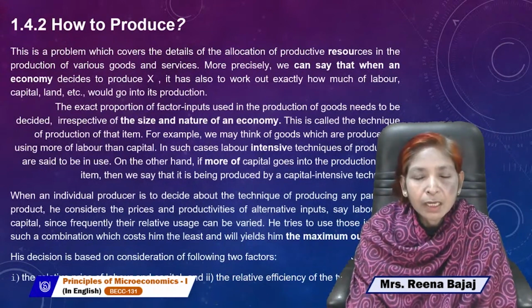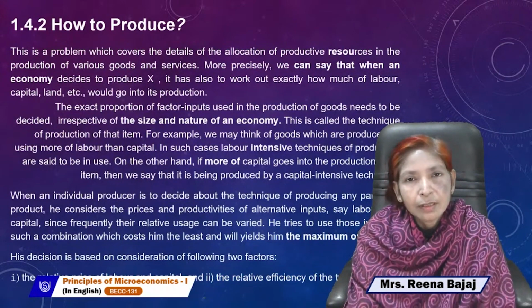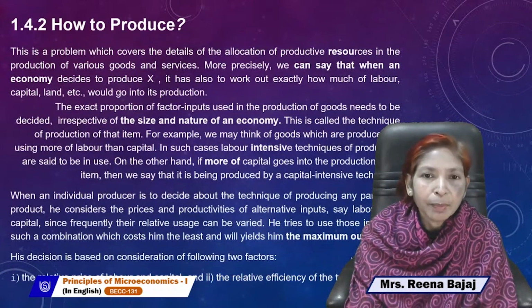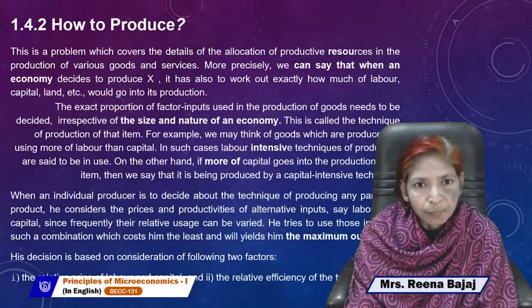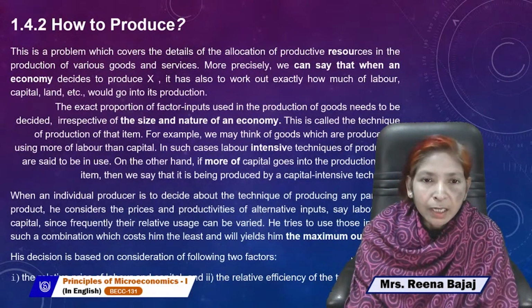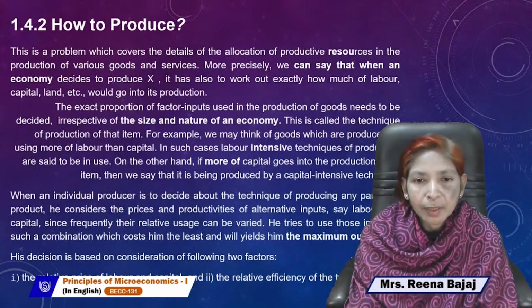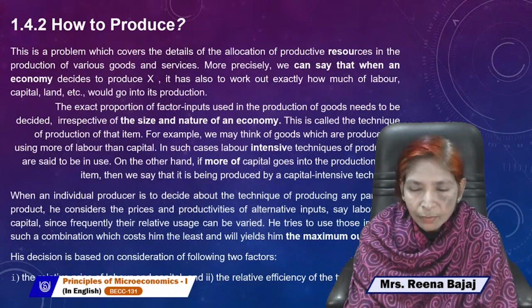The main goal of the producer is always to use that type of technology which is available at a cheaper rate, so the producer's profit can increase. In India, labor is abundant, labor is available at a cheaper rate, so the producer will use more labor and less capital for the production of goods and services.